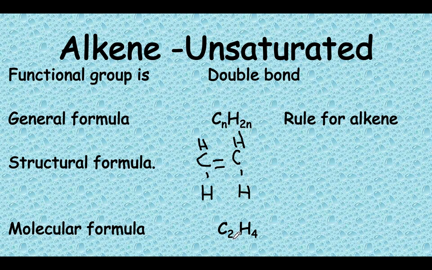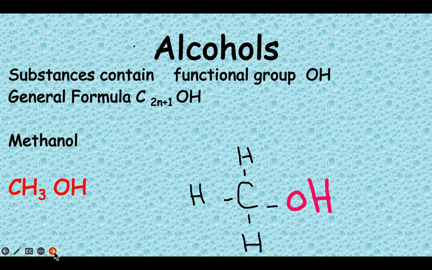If carbons is 2, so the hydrogens are 4. If the carbon is 5, so the hydrogens will be 2 times 5, it will be 10. So it is easy to get by the general formula, if we know the number of carbons, to know how many hydrogens will be bonded.